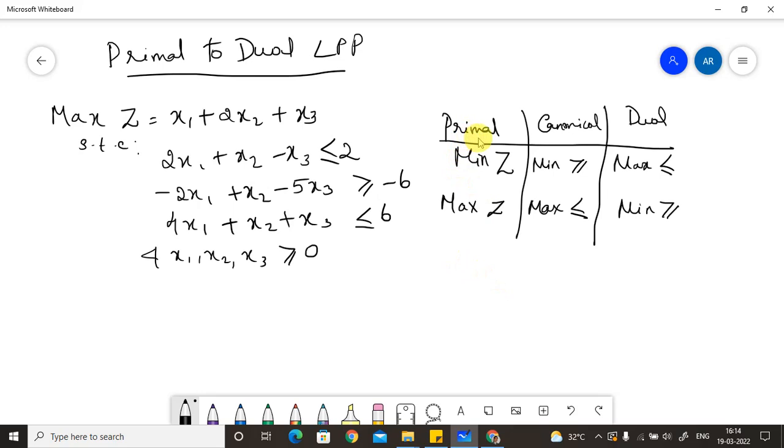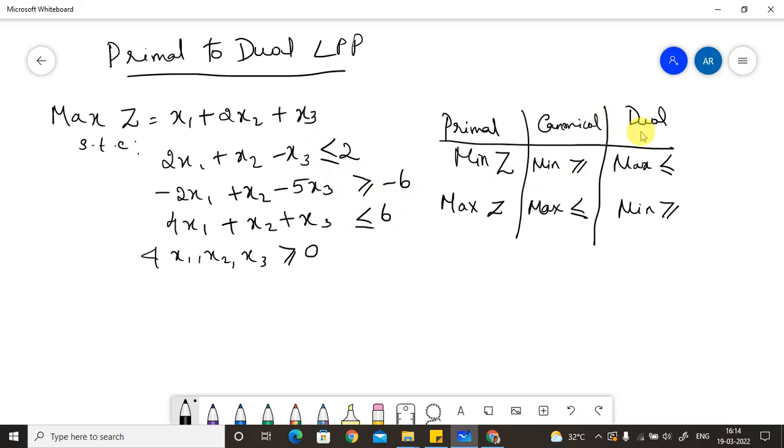For any primal problem, if the problem is of type minimization, then we have to convert that first into the canonical form and verify that whenever you have any minimization problem, all the inequalities should be in greater than or equal to symbol. If not, we have to convert that into greater than or equal to. Then we convert that into the dual.